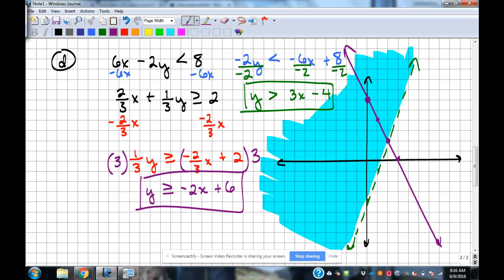And then shading wise, is 0 greater than +6? No. So I'm going to shade the bottom side or the top side? Top side, because we're going away from the origin because it wasn't true. So we're going to shade this side. And that V shape up there, that's where the solutions are. Okay.